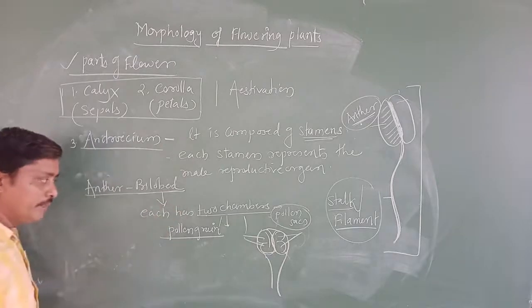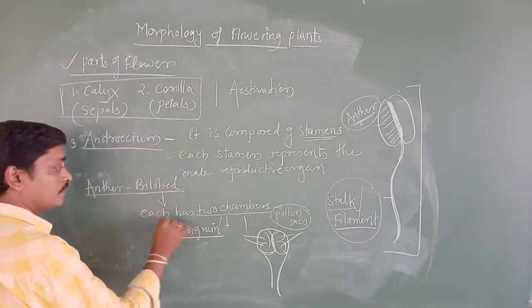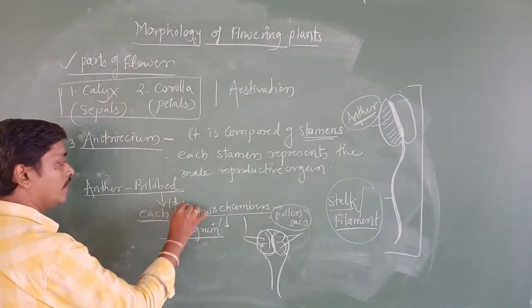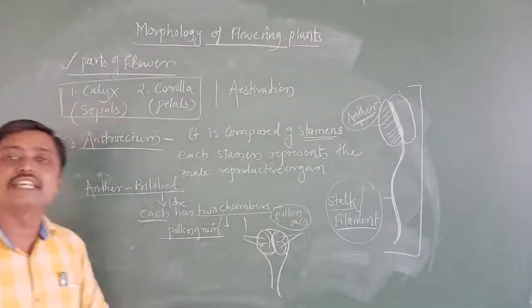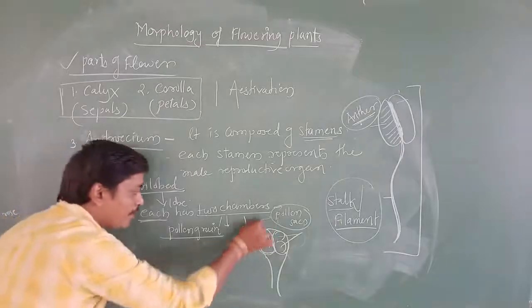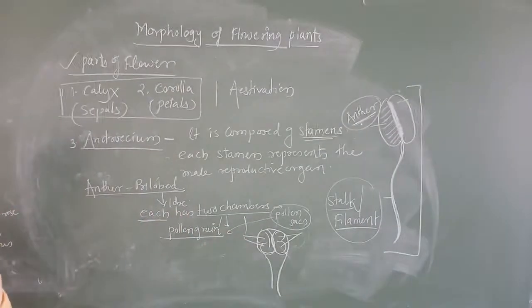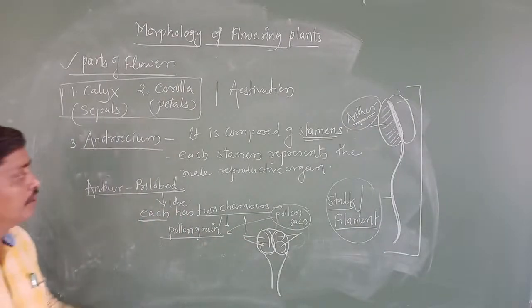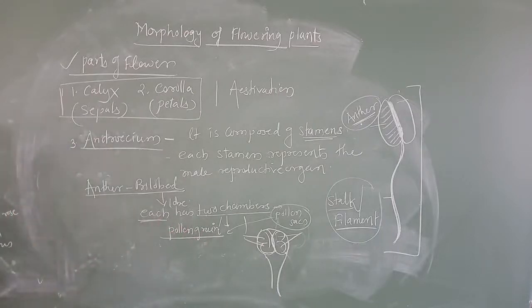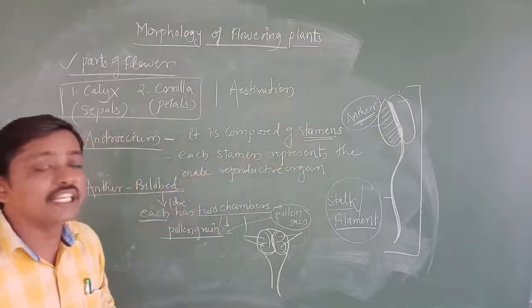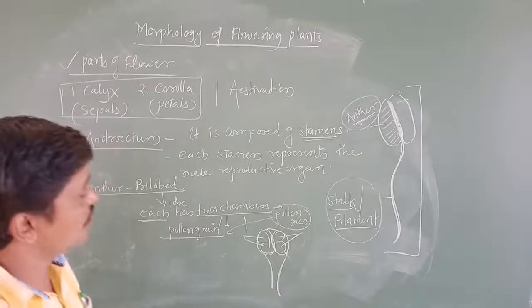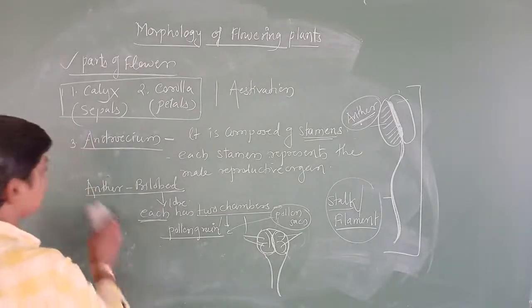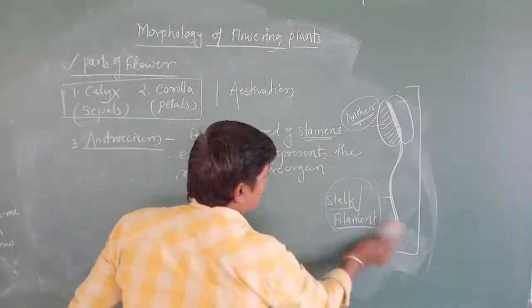Usually the anther is bilobed, and each lobe has two chambers, which we call pollen sacs, and within the pollen sacs the pollen grains are produced. This is about the structure of the stamen.